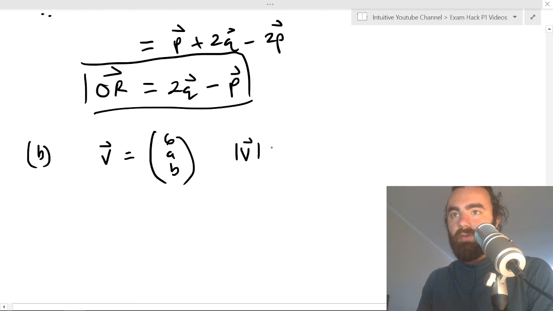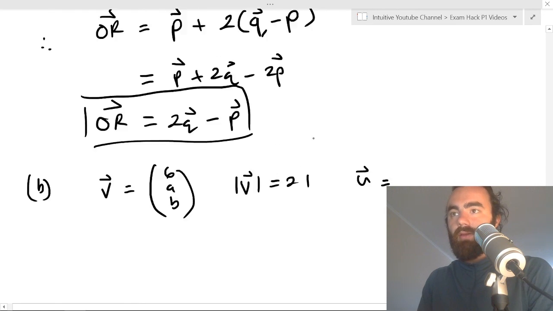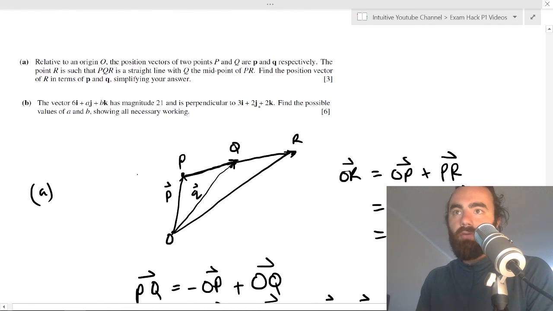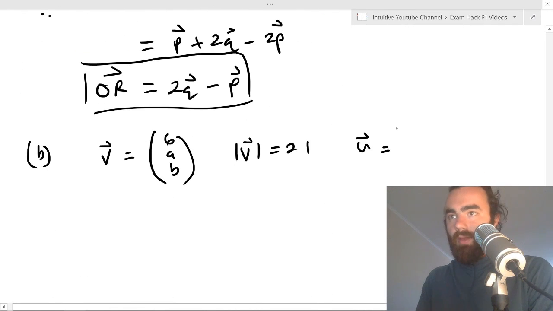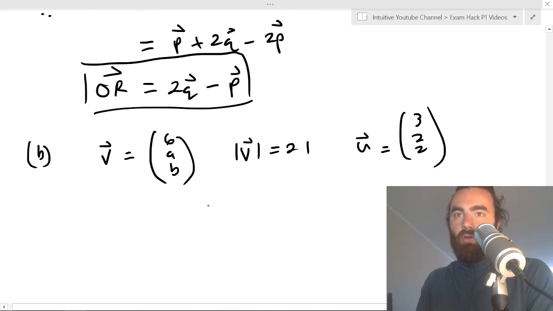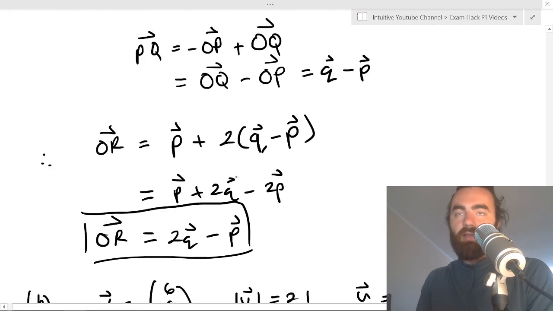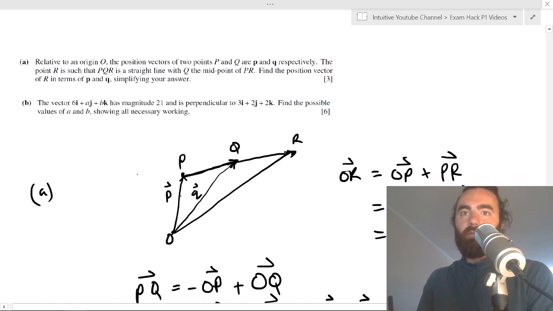So the magnitude of this vector equals 21. And then we get another vector here, I'm just calling it U, 3, 2, 2. And it says that these two vectors are perpendicular to each other, which means that their dot product is 0. And it wants us to find the possible values of a and b.